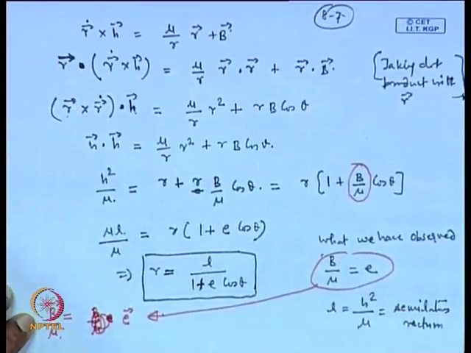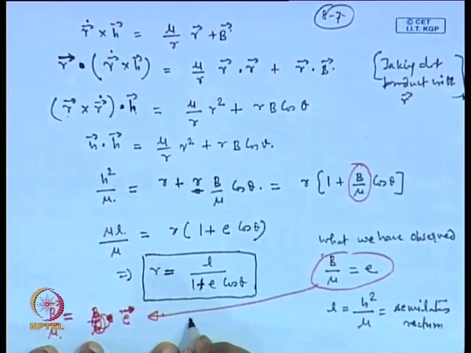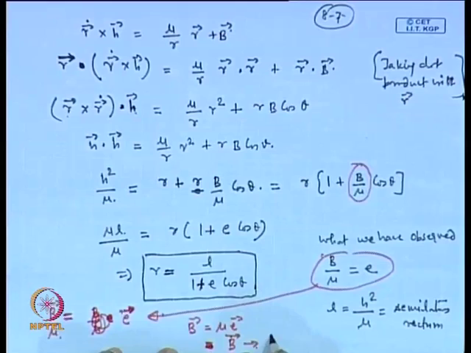Okay, b bar by mu is nothing but E, and therefore, b bar by mu will be nothing but a vector which will be given by the E vector. Therefore, what we get from the eccentricity vector, and this is in fact the b, we can write as mu times E bar, and this is known as the Laplace vector.